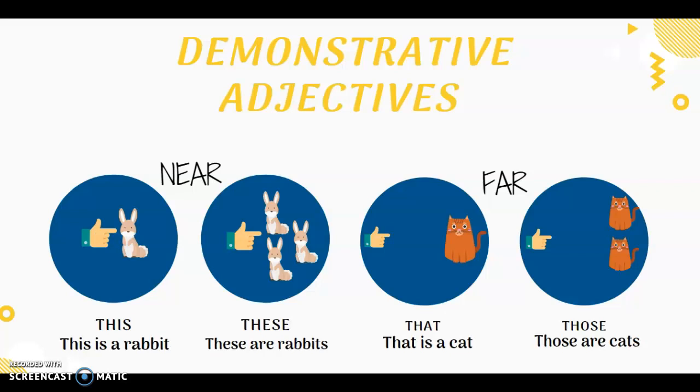When you're far from the things, the animals, the places, etc., you have to use that and those. You use that when you have one thing far from you. For example, that is a cat. That cat is not close to you, it's far from you. Then we have those when you are talking about plural things that are far from you. So those are cats. Okay?